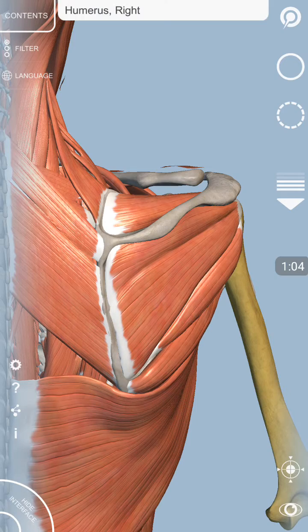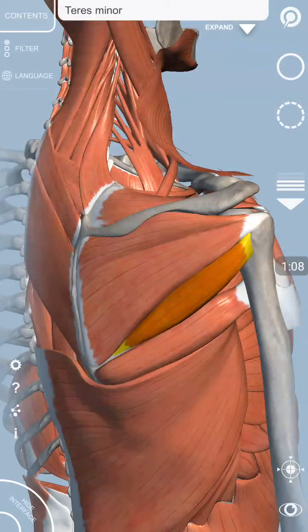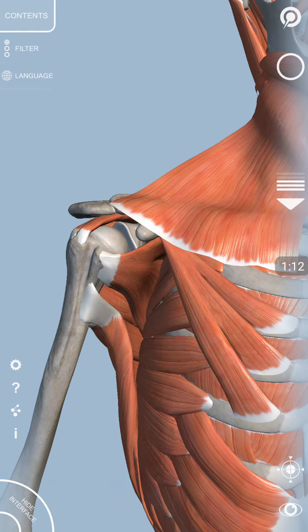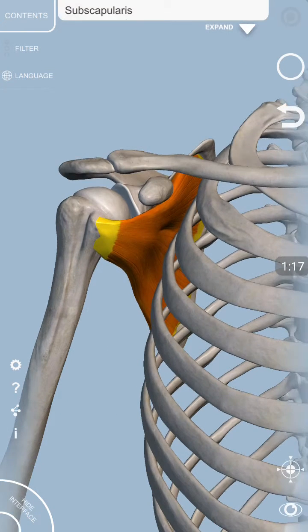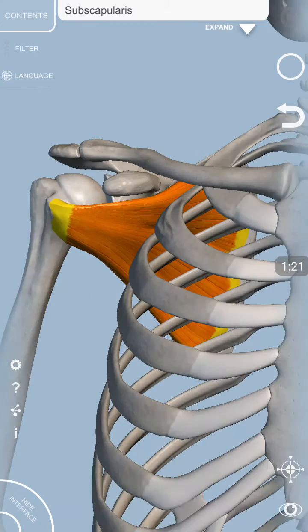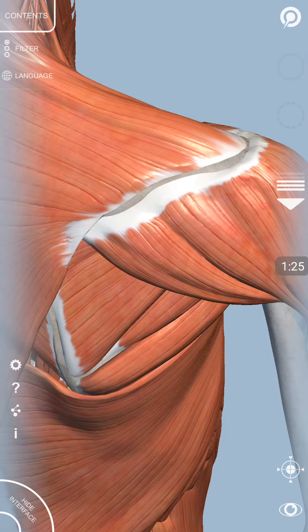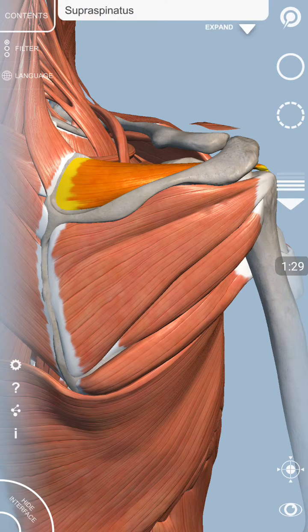Here, this is teres minor, and anteriorly I have to remove these muscles, and this is subscapularis. So here we can see subscapularis anteriorly, and on the posterior aspect I just showed you, this is supraspinatus, infraspinatus, and teres minor.